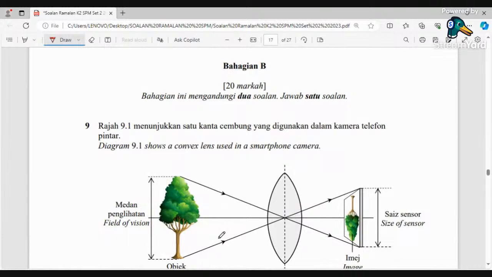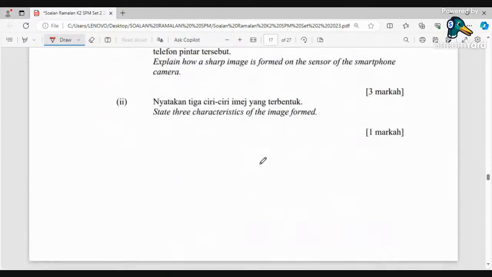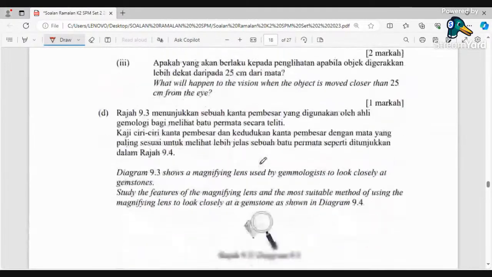Okay, we'll look at the essay question. Question number 9, ini ialah berkaitan dengan topik light. Convex lens, smartphone camera. Mean uses of small thin lenses. Okay, very small lens. Soalan, what is the meaning of focal length? Okay, this one you write in the answer space provided.